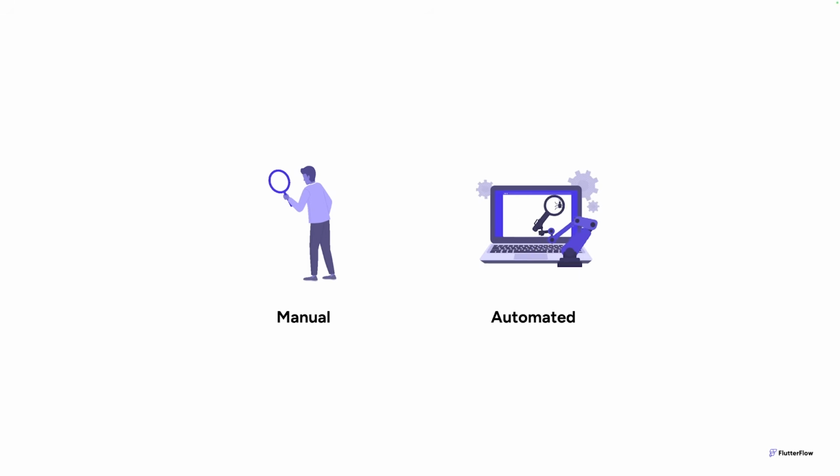Both automated and manual testing are important in the modern front-end development process. Automated testing uses scripts and tools to perform tests quickly and repeatedly, while manual testing involves human testers exploring the app. FlutterFlow makes it easy to create automated testing. You will learn more about this in the testing module.